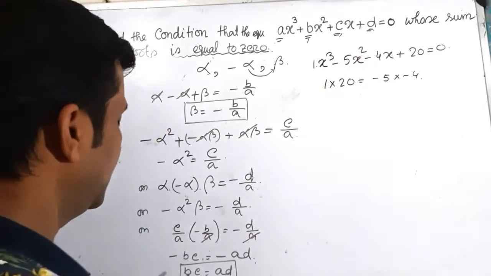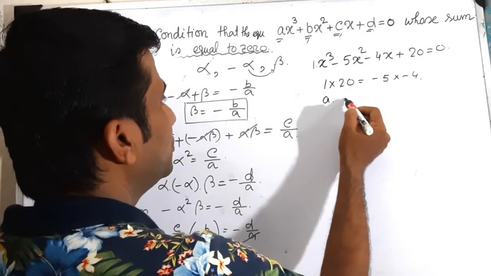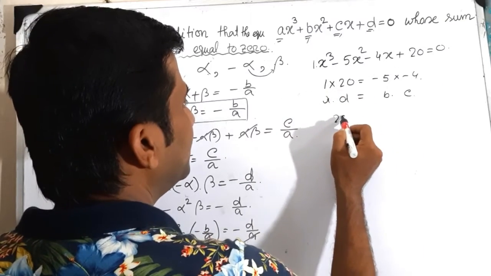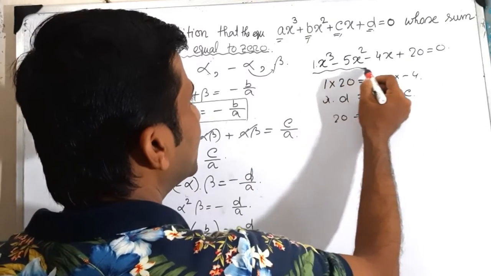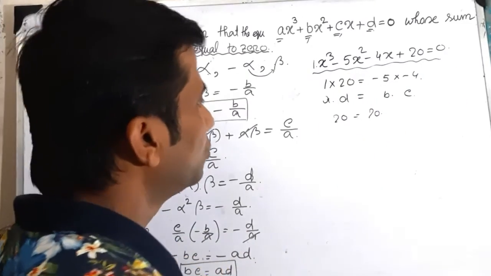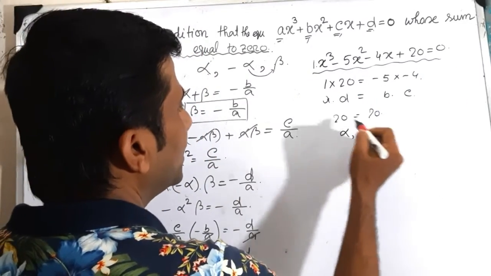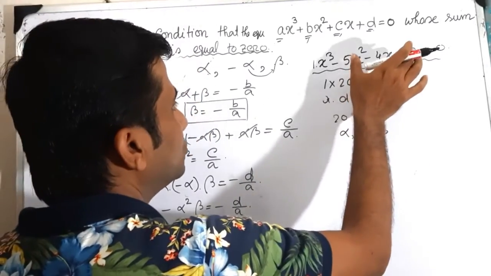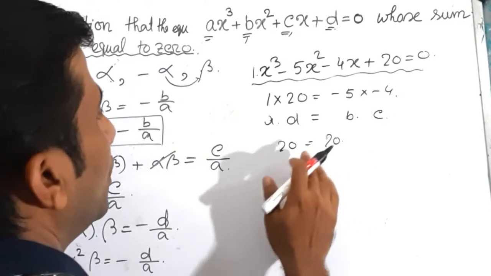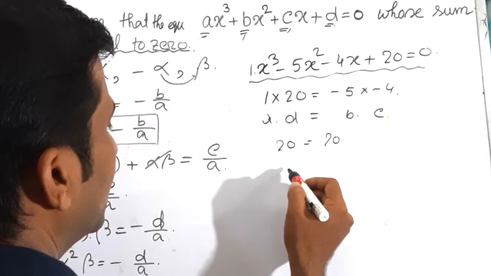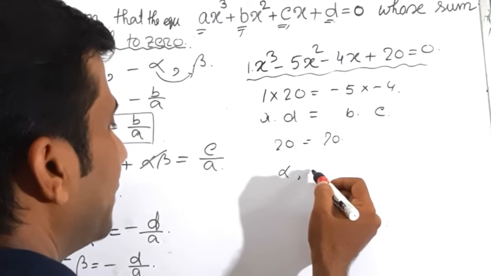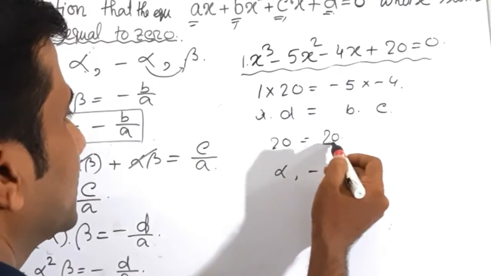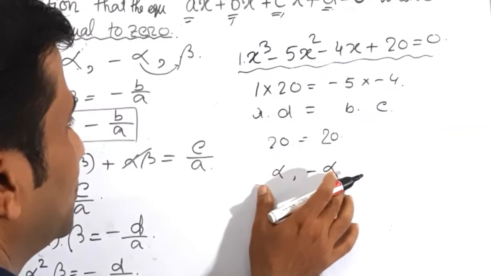That means A into D is equal to B into C. If this holds, that means 20 is equal to 20, then we say that in this equation there are two roots, one root is alpha and another root is minus alpha. That means it has two roots which are equal in magnitude but opposite in sign. Okay, you understand it? Equal in magnitude and opposite in sign.